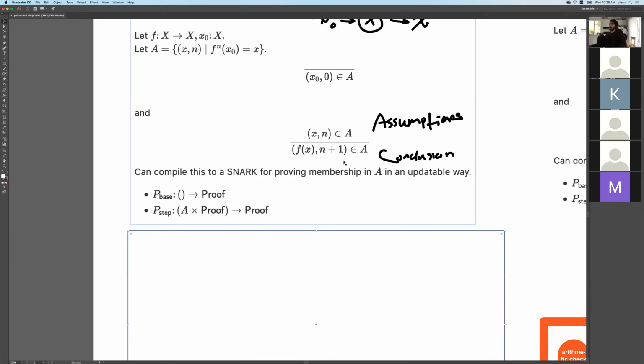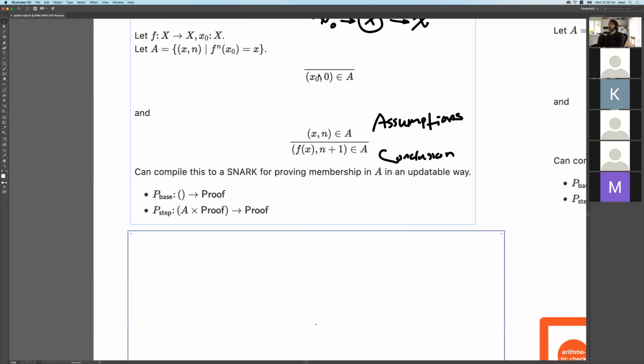Here is what the technique of recursive snarks, or inductive snarks, allows us to do. It allows us to compile this description of A as an inductive set into a snark for proving membership in A in such a way that we get two provers. The first prover corresponds to the first rule. It takes no arguments, and it produces a proof.